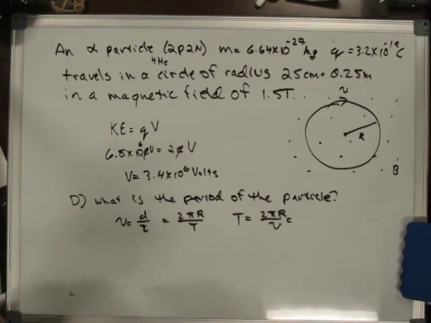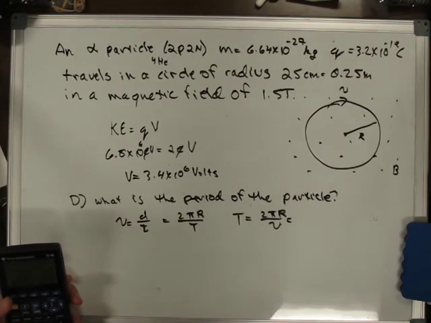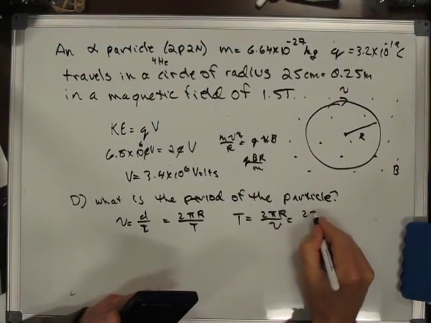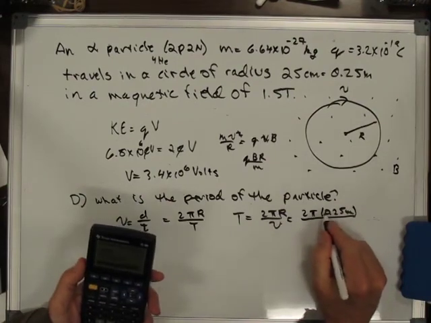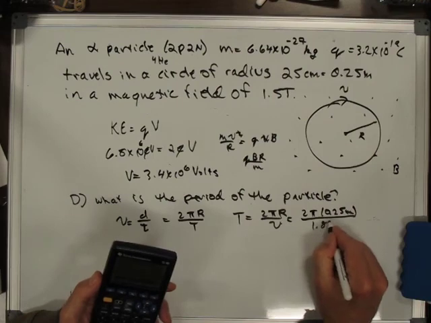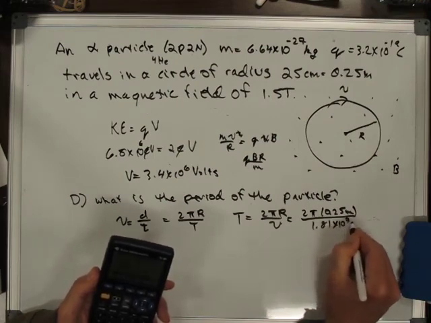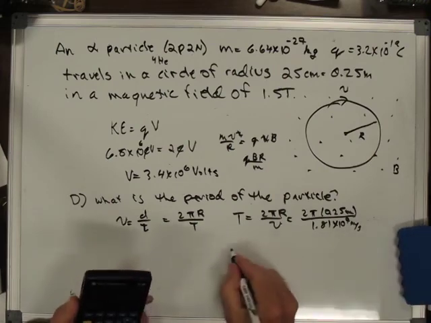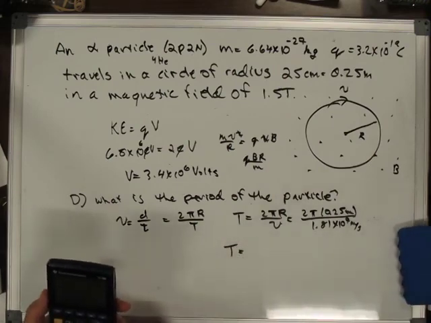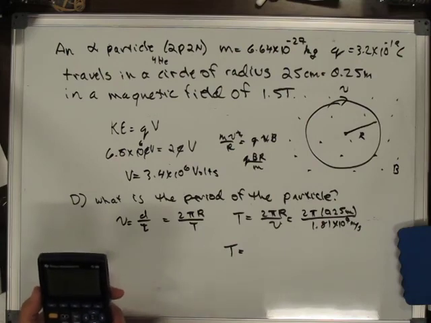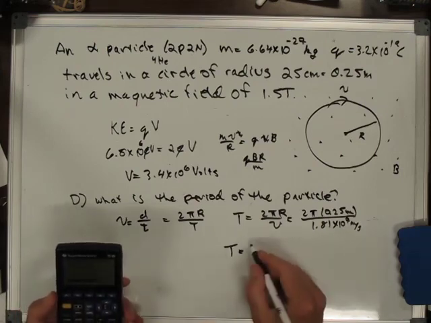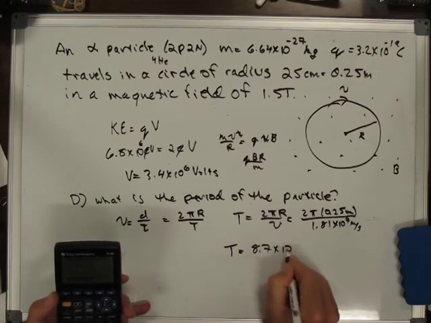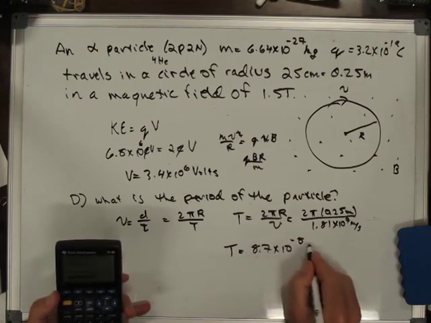We calculated the velocity, didn't we? Hang on a second, I've just got to dig it back out. So it's 2 pi times 0.25 meters divided by 1.81 times 10 to the 7th meters per second, or the period is equal to 8.7 times 10 to the minus 8th seconds.